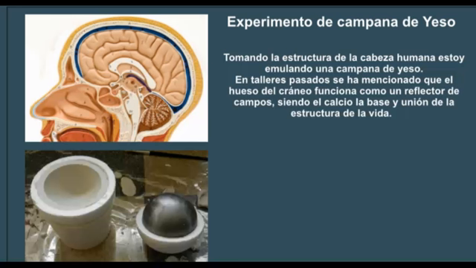Here in this experiment, Victor is trying to replicate the structure of the human head, and he's emulating it in a plaster bell, because in past workshops it's been mentioned that the cranium works like a reflector of fields, like a dynamic reactor, being calcium the base and the union of the structure of life.